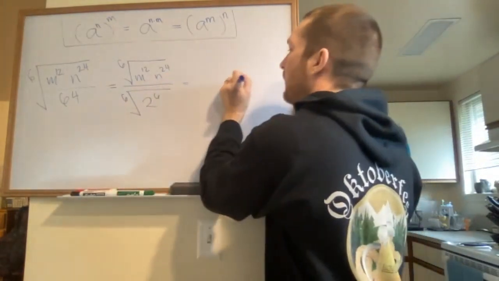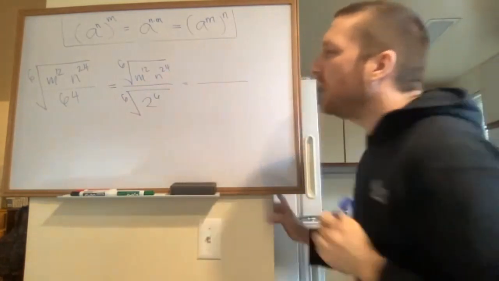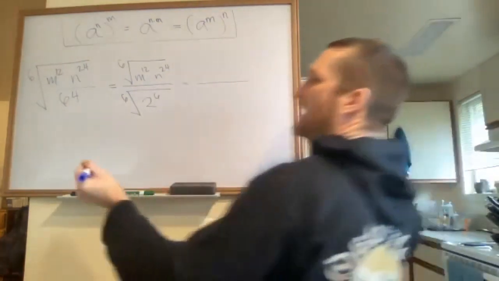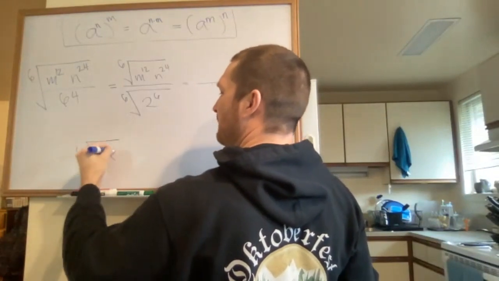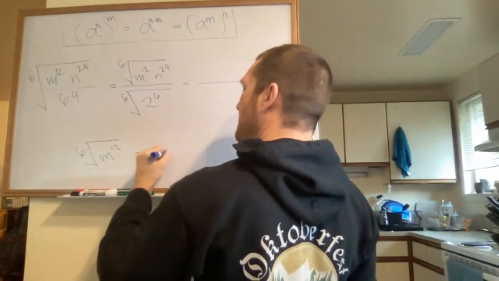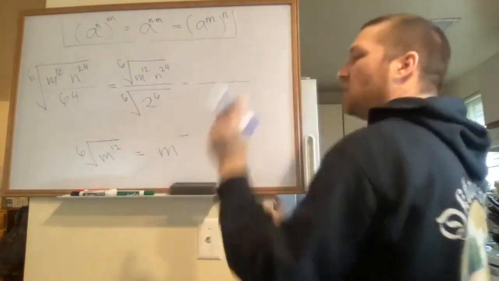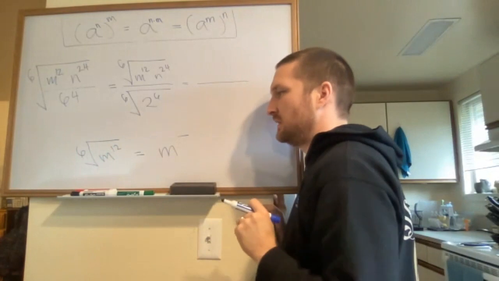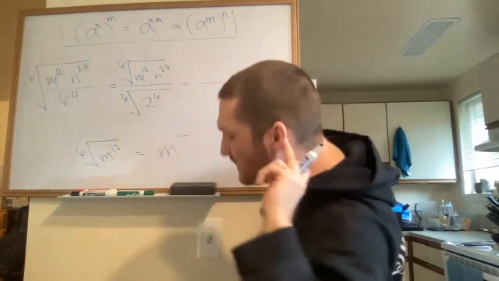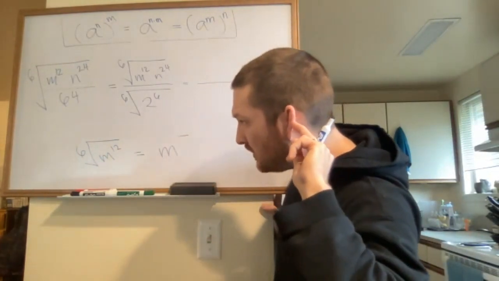Now, if I wanted to write just this, the sixth root of m to the 12th, that would be m raised to what over what? Over 6. What over 6? 12.